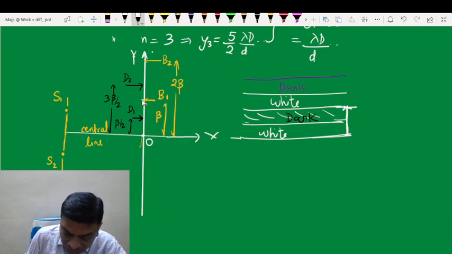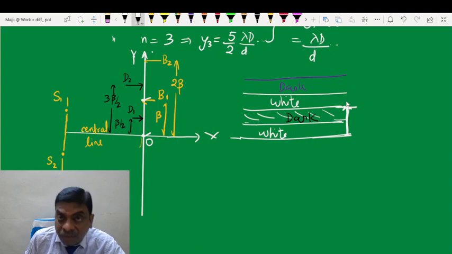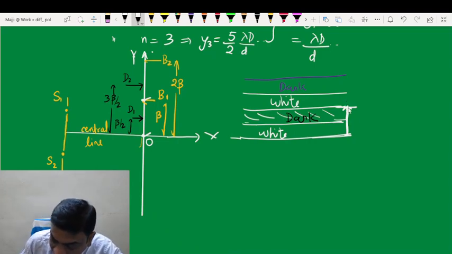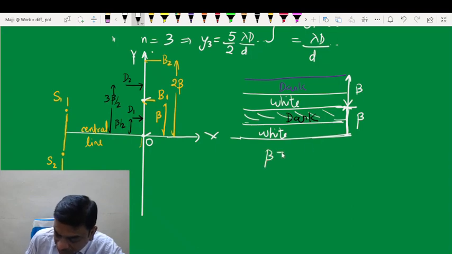So here again you can find a maximum intensity. Here the intensity is maximum and once again the intensity is maximum here. So that means this width is something in which the variation of intensity takes place in a certain pattern and that gets repeated in the next equal width. So these widths are known as fringe widths. So beta is known as fringe width.